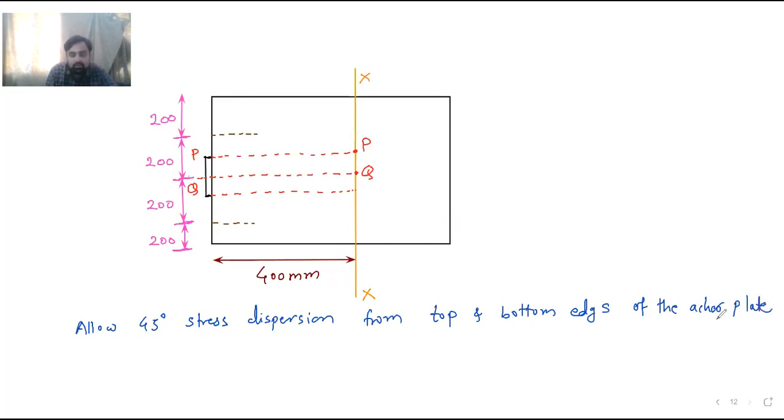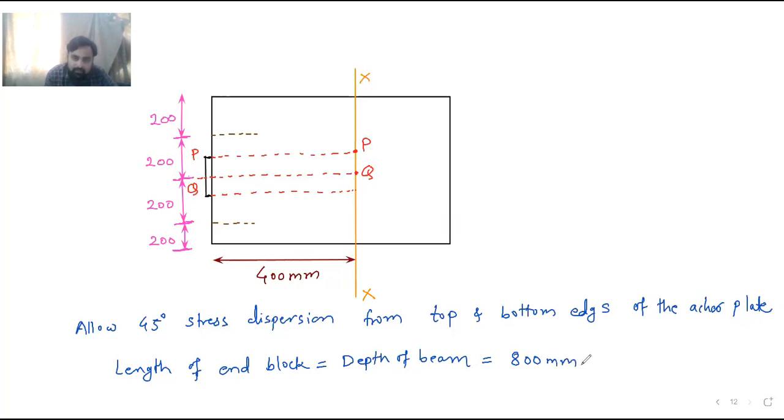Okay, so it is assumed. So we have written a 45-degree dispersion. Then the length of the end block, which is equal to the depth of the beam, which is equal to 800. Okay, 800.